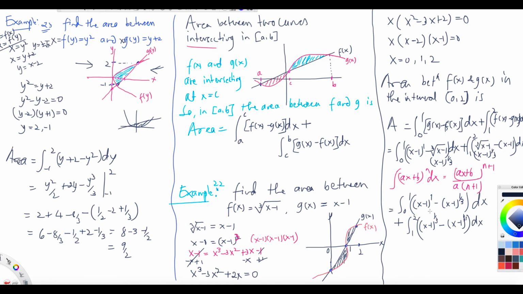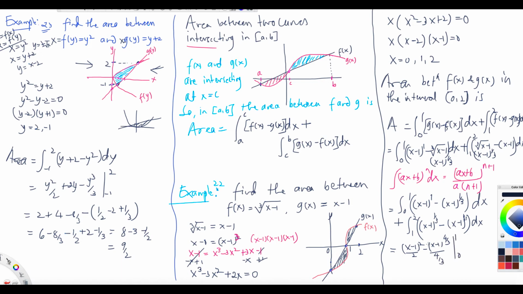Okay, now you can use that formula. You will get (x minus 1) squared over 2 minus (x minus 1) to the 1/3 plus 1, which is 4/3, over 4/3, but the limit is 0 to 1.